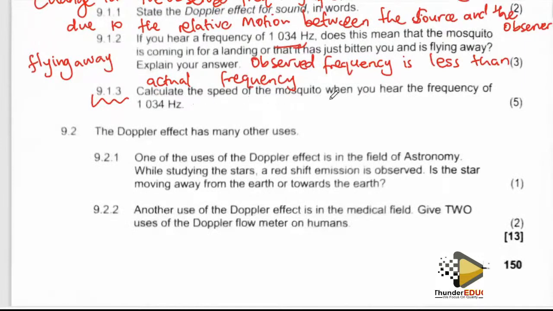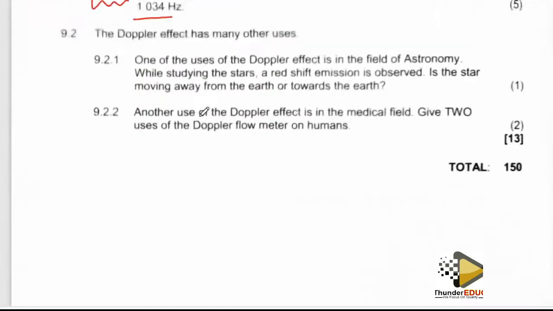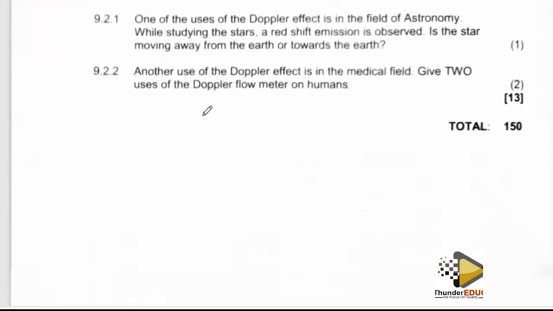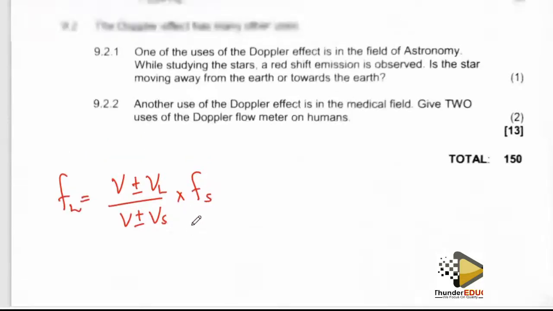Calculate the speed of the mosquito when you hear the frequency of 1034. Now it's moving away. So from the Doppler formula, we know that the frequency of the listener is equal to V plus or minus V_L over V plus or minus V_s, times the frequency of the source.